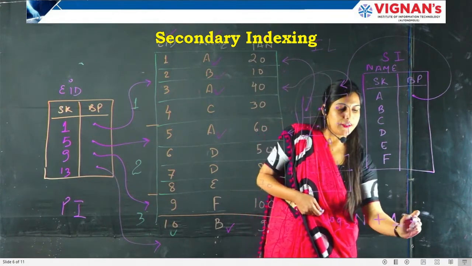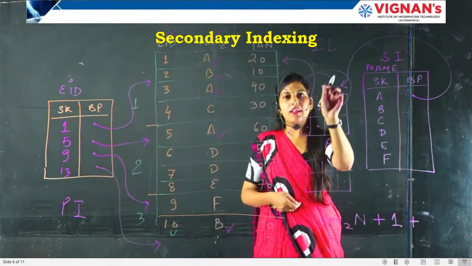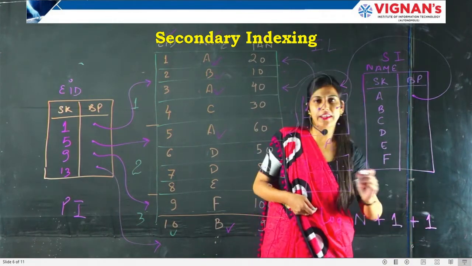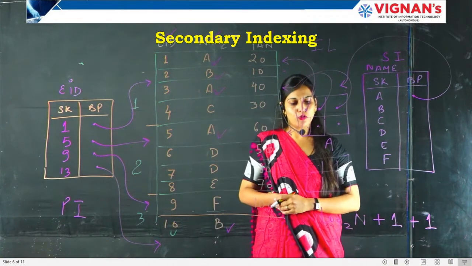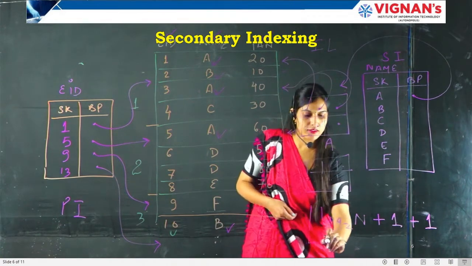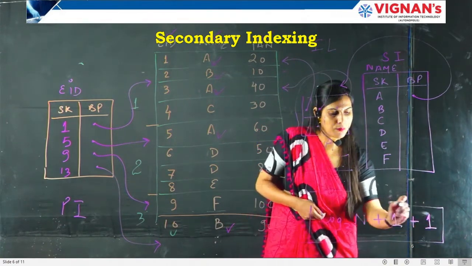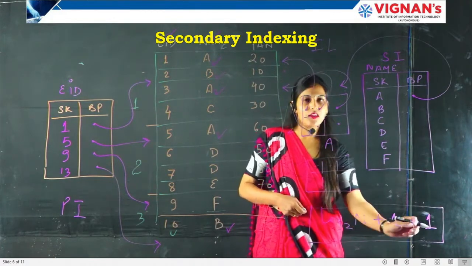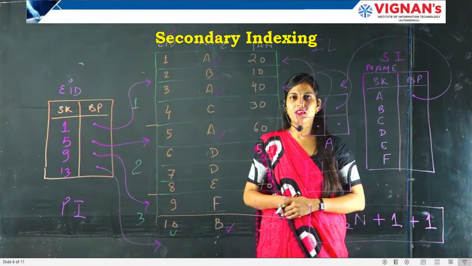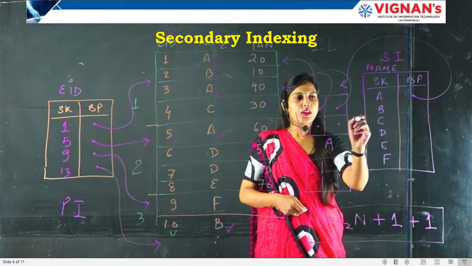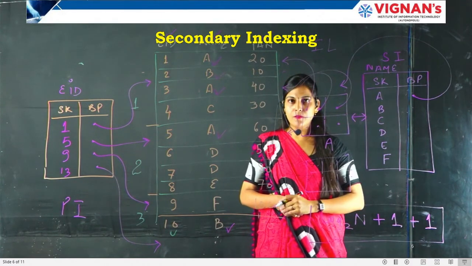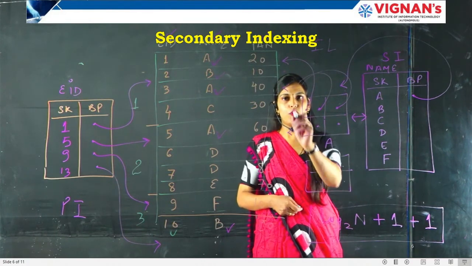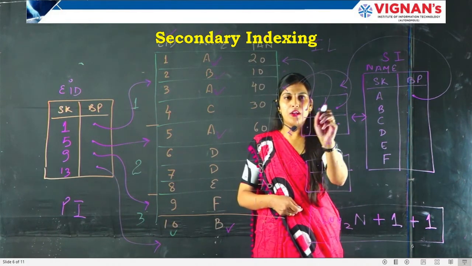After reaching the intermediate layer, from here we will get the record pointer. For that I will need some additional time. So in this case the complexity will be log base 2 n plus 1 and plus 1. So the complexity is more, and here the index is sparse and here the index is dense, because for each record we are keeping record pointers.